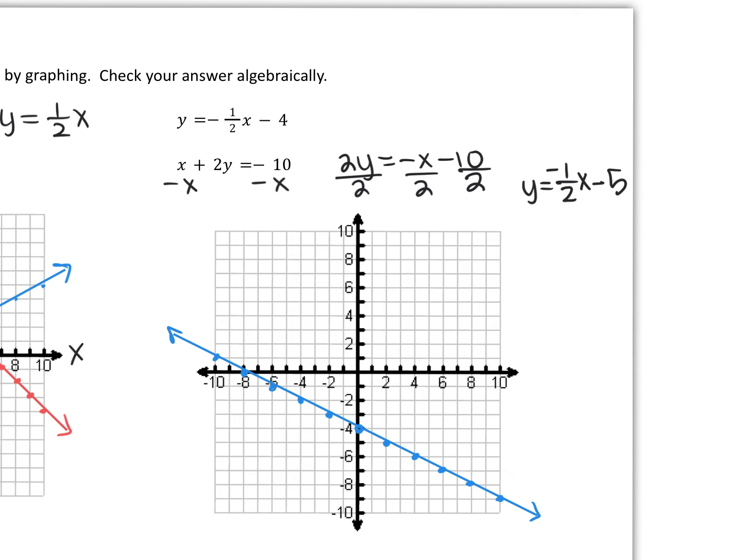My second line has a y-intercept of negative 5. I'm going to apply my slope of also negative 1/2, down 1, right 2, and then up 1, left 2.